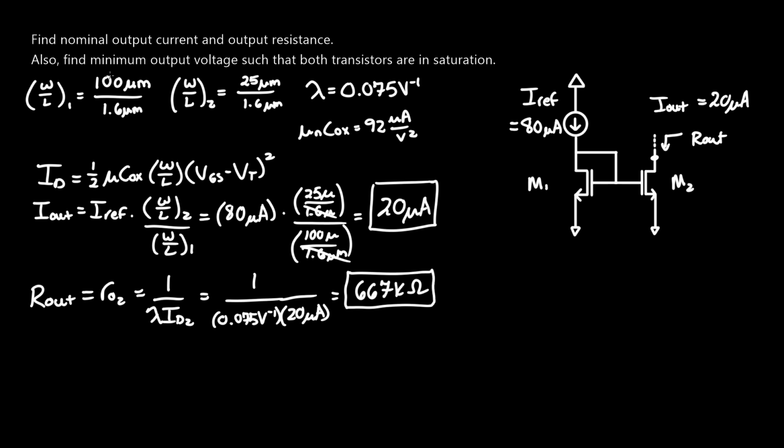Now for the final part, where we need to find the saturation state of M1 and M2. First, we know that the VGSs of both these devices are equal, since their gates are tied together and both sources go to ground. Secondly, a good hint for M1 is that the gate is also tied to the drain, so VDS equals VGS as well.